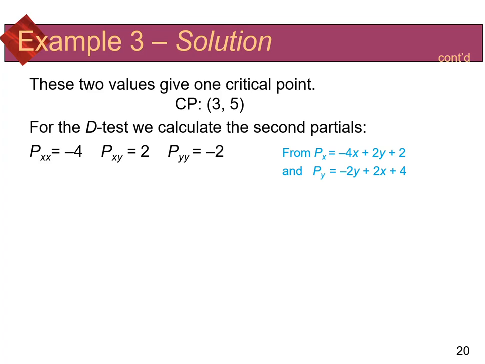So from these two partial derivatives we established beforehand, pxx is negative 4, pxy is 2, pyy is negative 2. There's no variables involved, so at 3, 5, it's going to be the same thing as any other place. This 3, 5 is what made the first two original partial derivatives equal to 0.